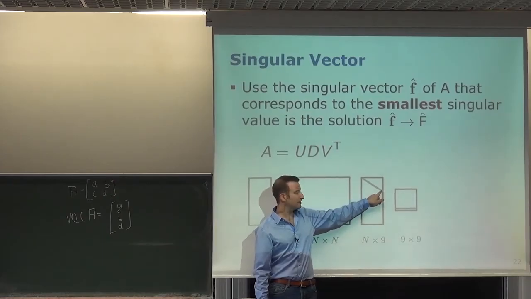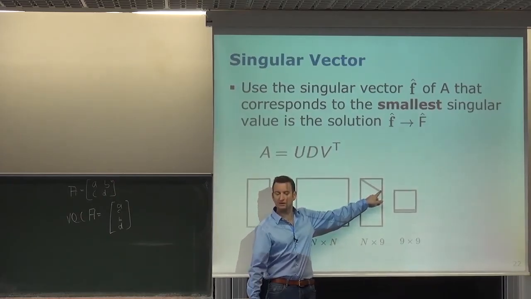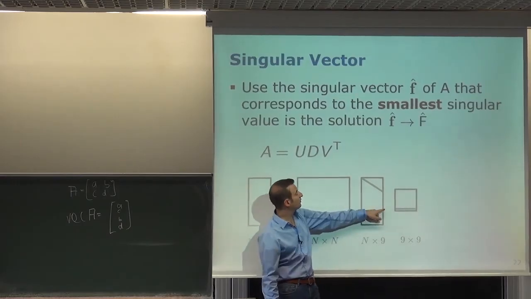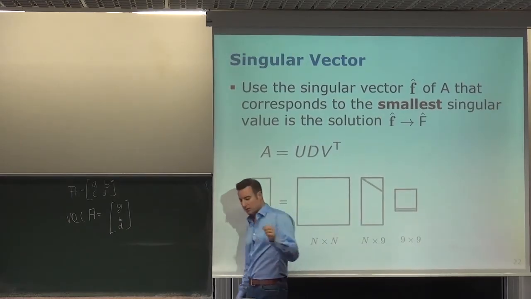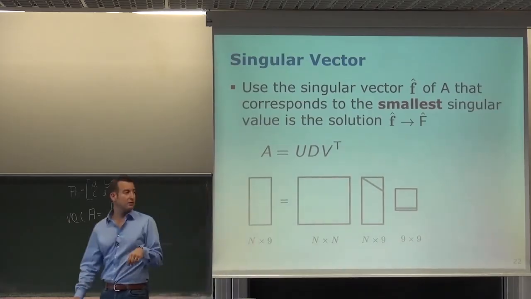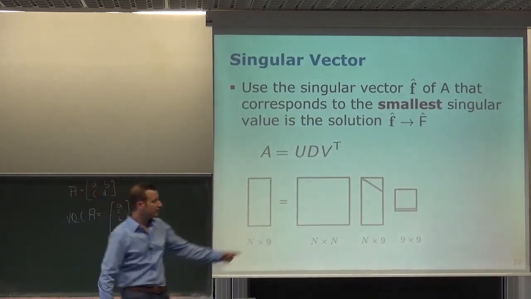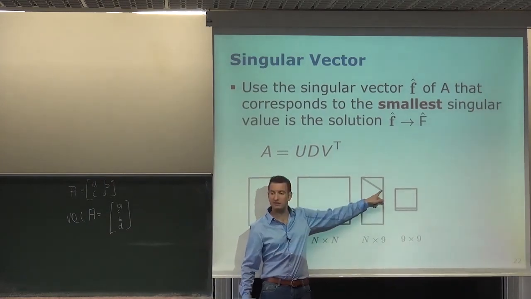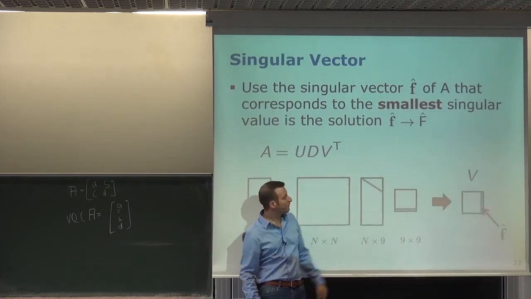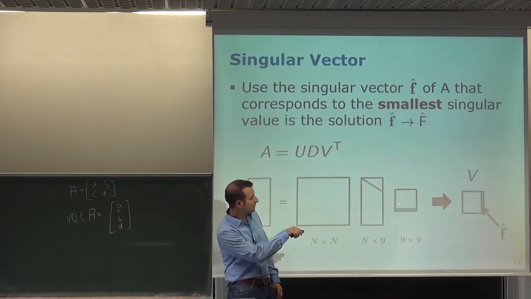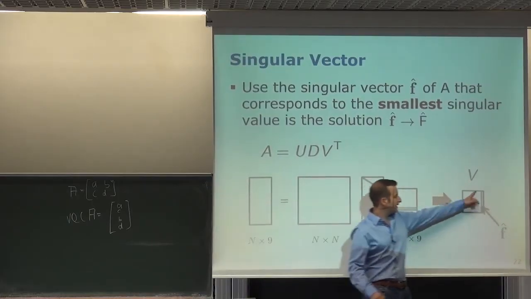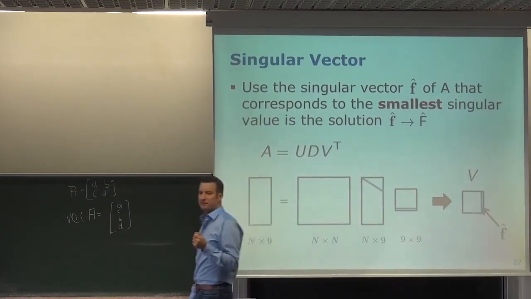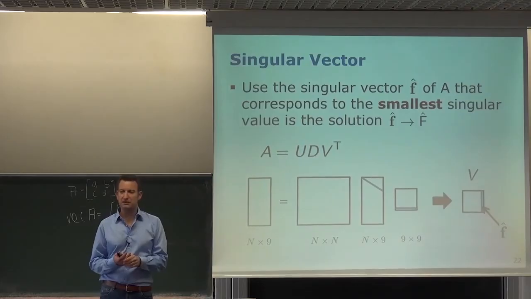And if the last one is the smallest one, in the perfect case 0, this element here of V transposed is the right singular vector that corresponds to this smallest, last singular value of this matrix A. So if I have my matrix V, this V transpose, this last column over here is my estimate of my vector f, which are the elements of the fundamental matrix.